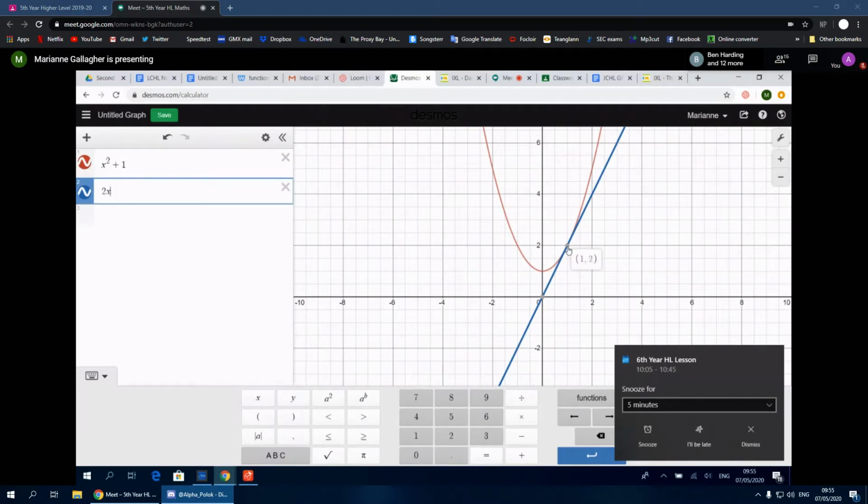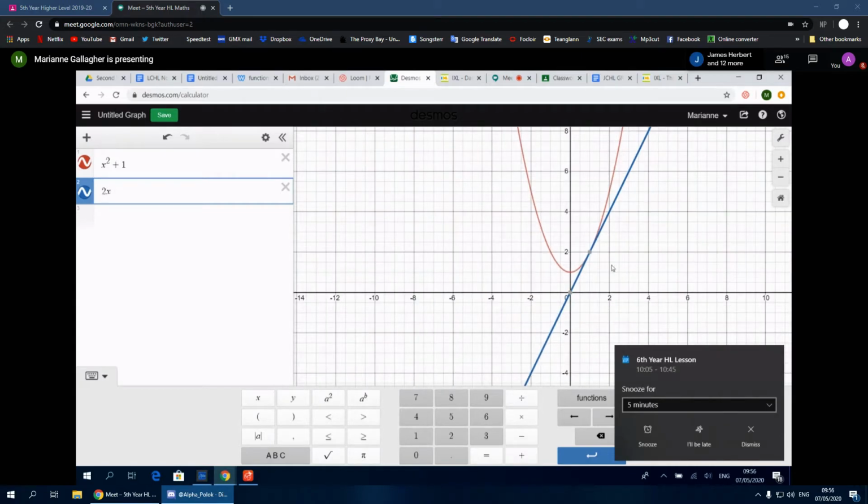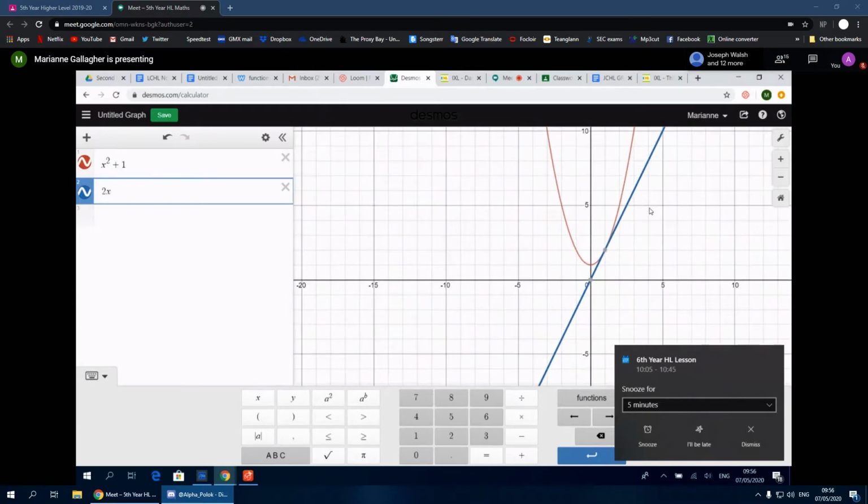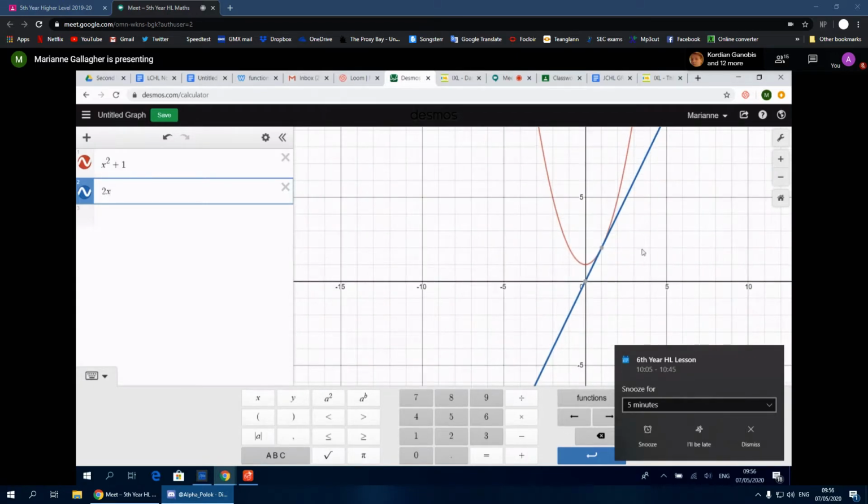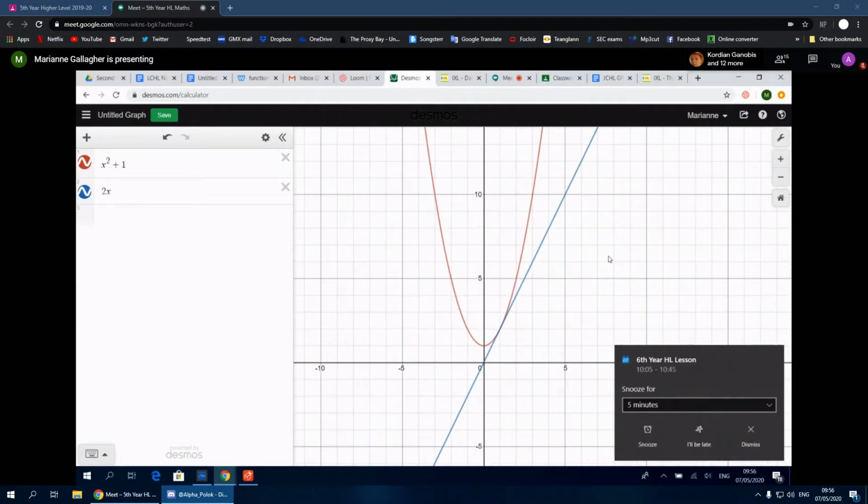So we can see here at the point where x is equal to 1, the slope is equal to 2. When I go to x is equal to 2, the slope is equal to 4. It's steeper here. When I go to x is equal to 3, my function is equal to 10, the slope is equal to 6.